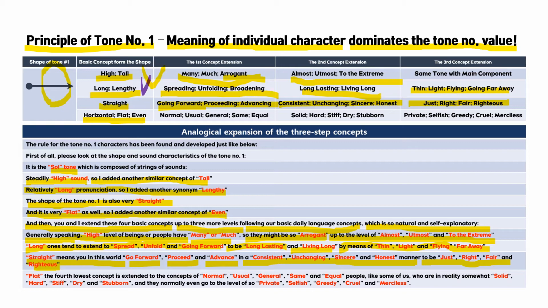Okay? Chinese characters, if they have these conceptual values, that such individual character has the tone number 1 value, okay, for you to remember easily. And flat, straight, and then flat.